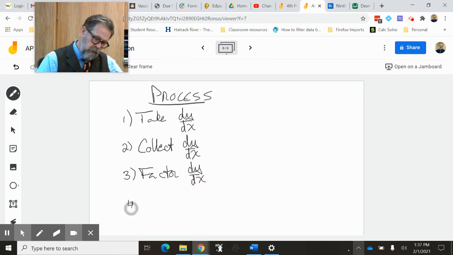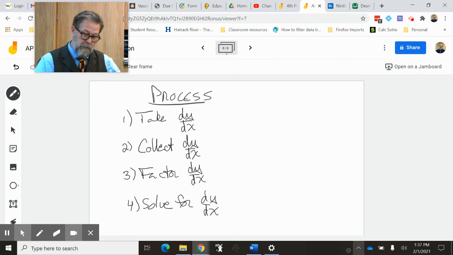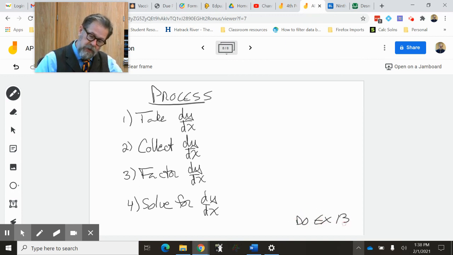And number four, you're going to solve for dy dx, which, since you just factored, is generally just a matter of dividing by the stuff that you were left with when you factored. All right, so if you're in my classes or if you're just following along, go ahead and do exercise 13 in the book, and we'll be back with the next video.